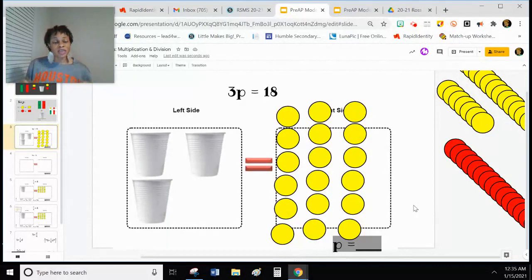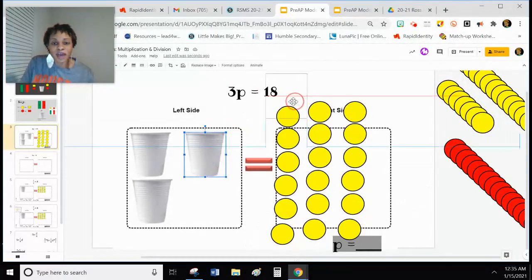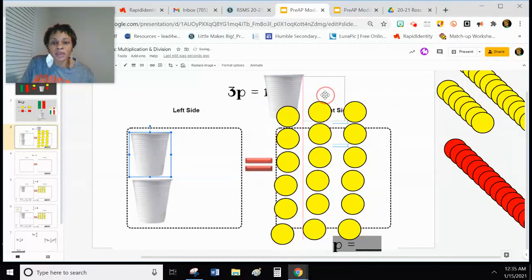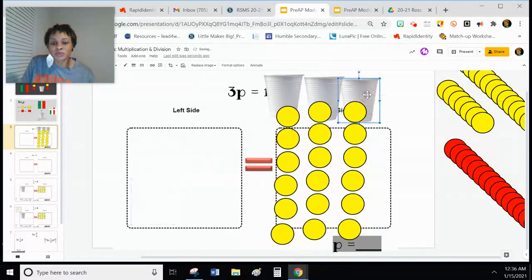So I need to take those 18 counters and go 1 for you, 1 for you, 1 for you. I'm evenly dividing them among these 3 cups until I'm done. Then I'm going to look in each cup and count how many counters are in it. As you can see, I already divided my counters up into groups of 3.